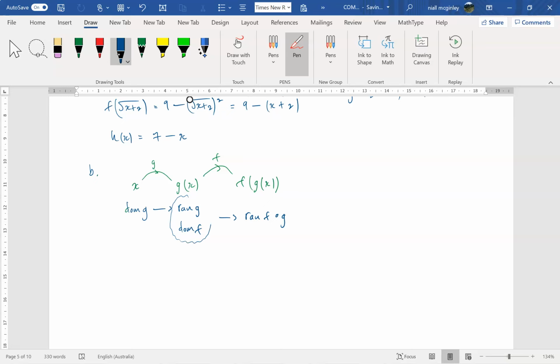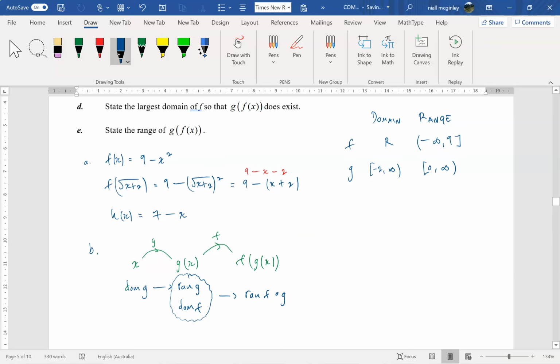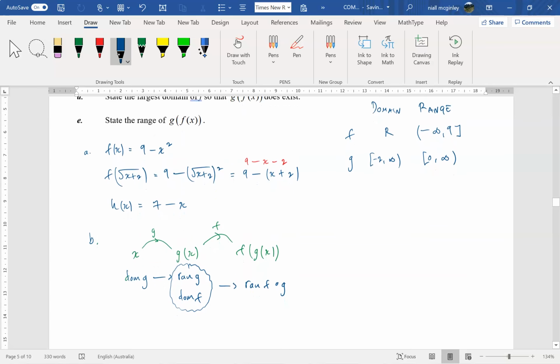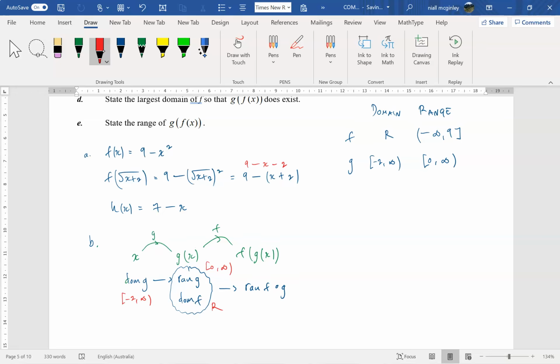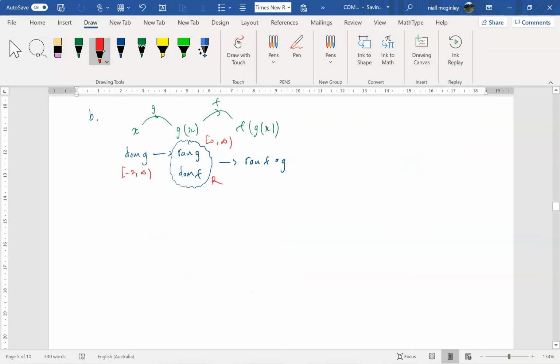So whether it exists or not is going to depend on this part here. The domain of g, you'll see, is minus 2 to infinity, and that's given us out the range of g, which is 0 to infinity. We've then got the domain of f, which is R. We can't just state what the range is going to be at the moment. So this is going to exist, you see, because the second part of the function works for all real numbers.